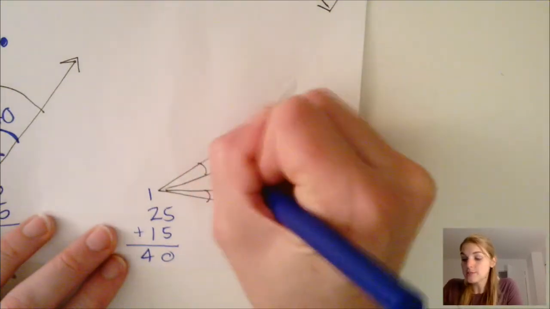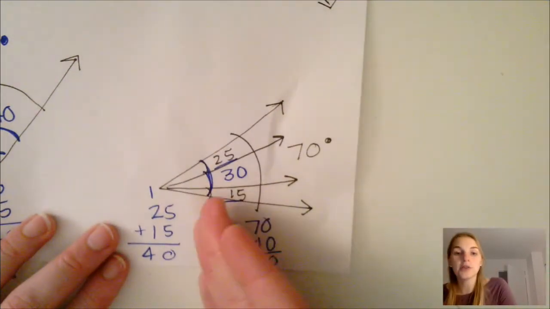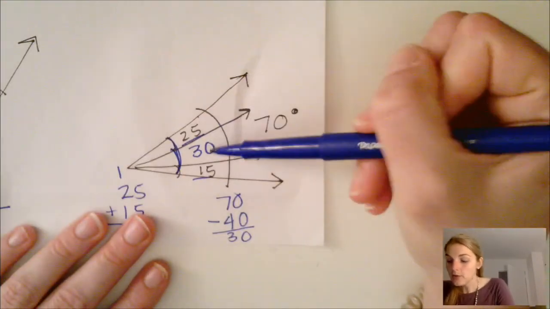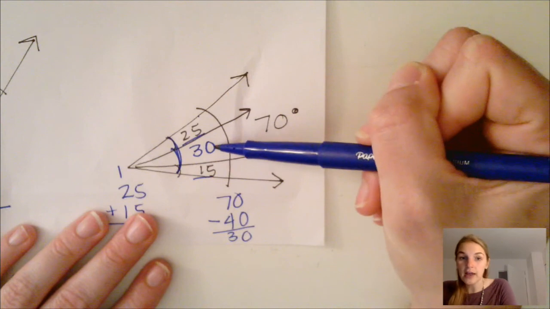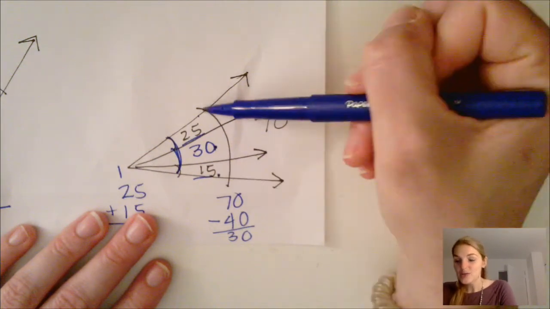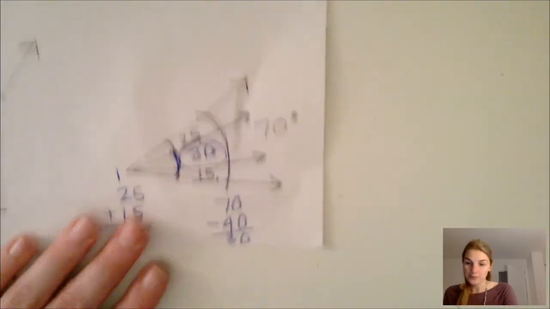So that means this piece here is 30. Now you can double check your work and add these all together to make sure that you separated it correctly. So let's see. 25 plus 30 is 55, and 30 plus 15 is 70. So that means that we found the correct missing piece right here.